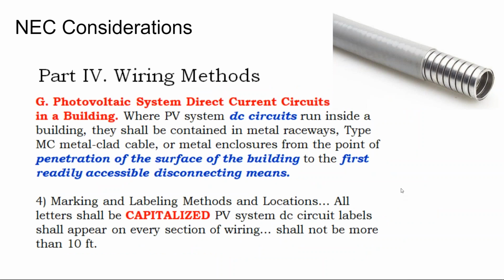Also remember that National Electric Code requires us to put DC circuits run inside a building into metal conduit. I have not seen that requirement be applied to battery banks yet. Often a forklift battery will have welding cable put into it, which is like a flexible plastic cable.